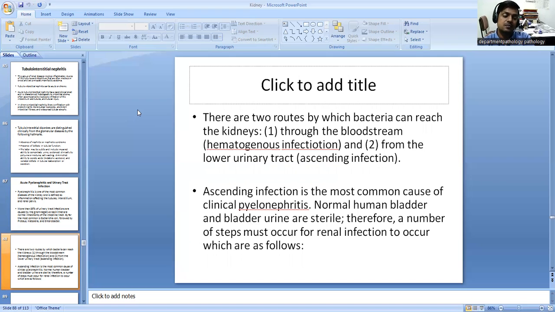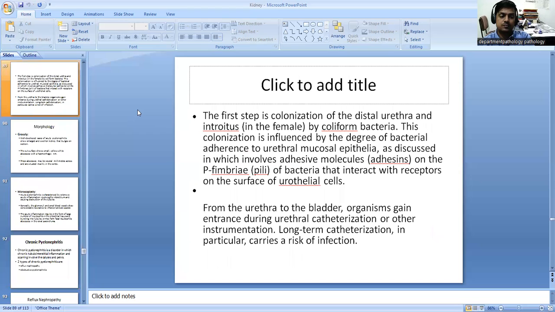Ascending infection is the most common cause of clinical pyelonephritis. Normal human bladder and bladder urine are sterile. Therefore, a number of steps must occur for renal infection to occur, which are as follows.